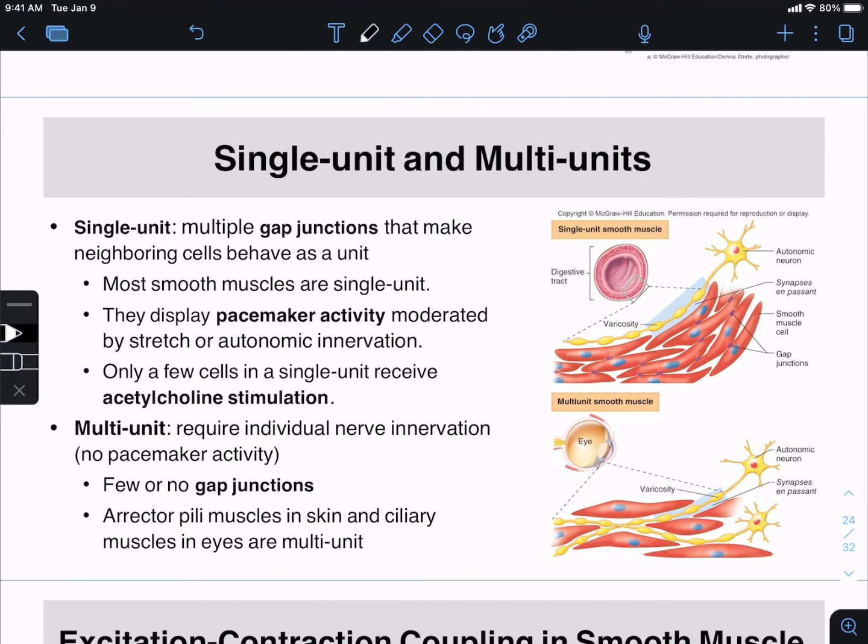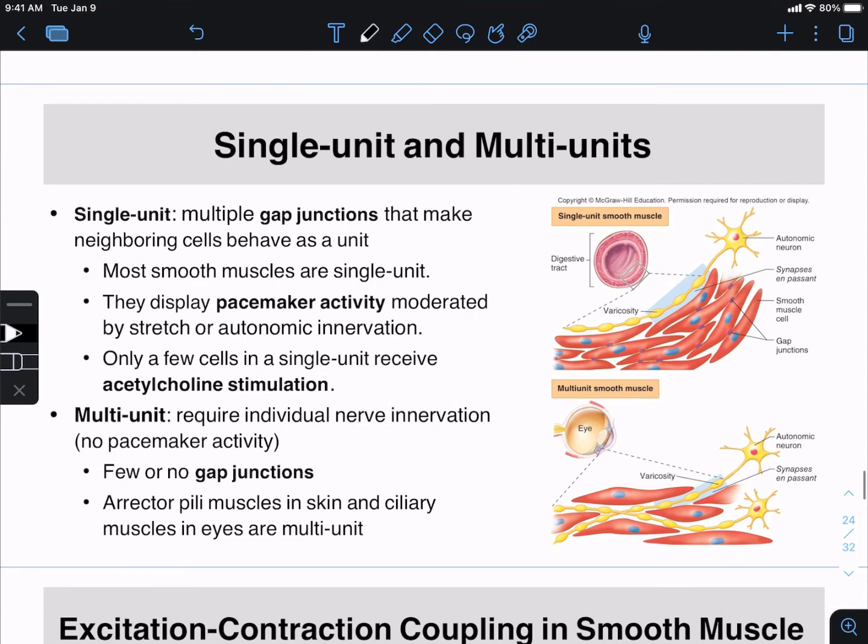These smooth muscles interact with the autonomic nervous system. A single unit smooth muscle has our autonomic nervous system. So this would be our autonomic neuron, and it's going to form my ganglion here and continue to travel. But I want you to notice that this is really only hitting the top layer of my cells.